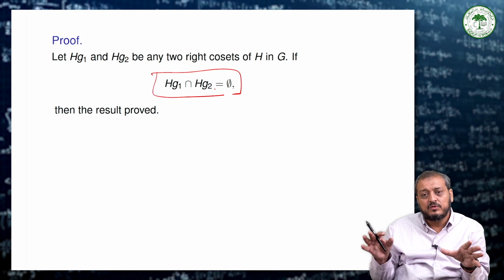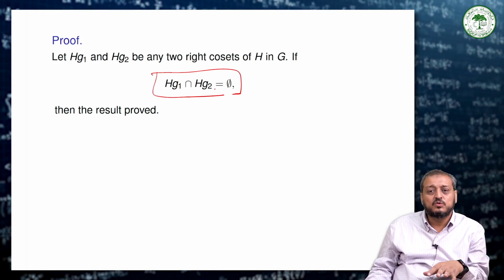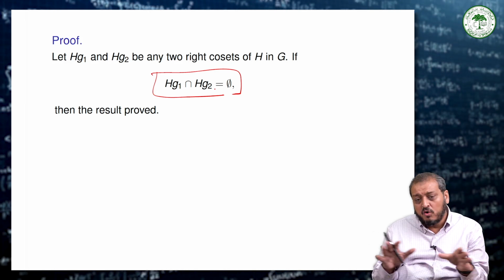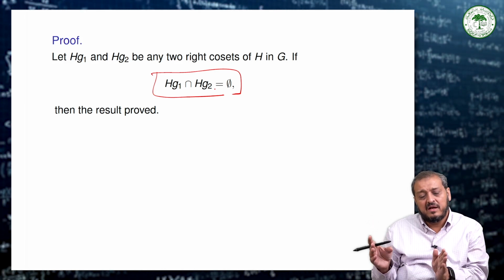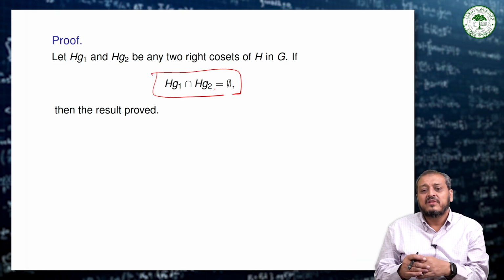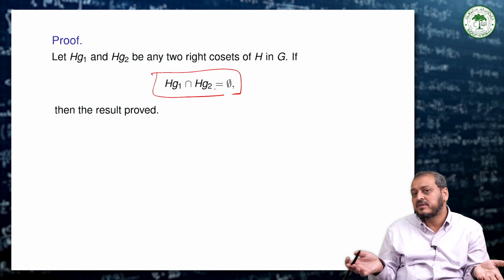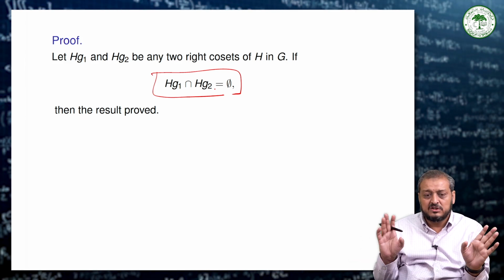Disjoint means there is no common element, so they are not the same, and the result is clearly proved.